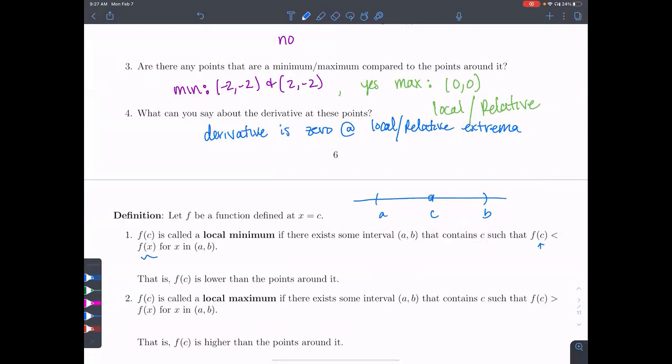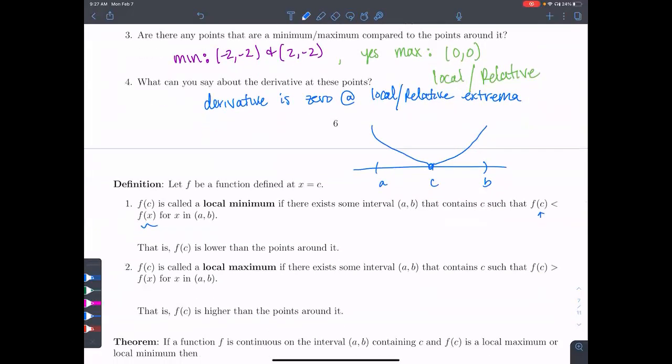So this is the lowest of those y values, and the rest of them are higher. So you have a local minimum, where f of c is lower than the points around it.